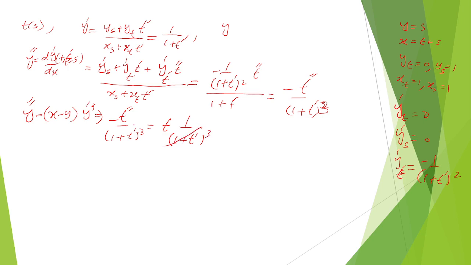So this is cancelled out. So what we are left with is t double dash plus t equal to 0.